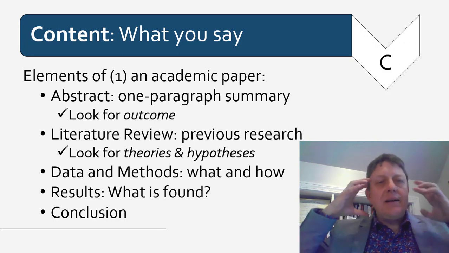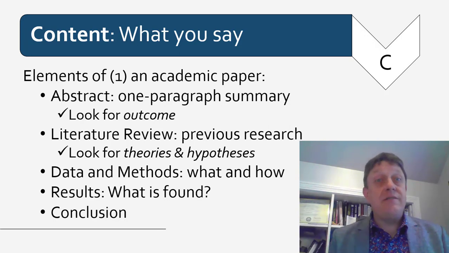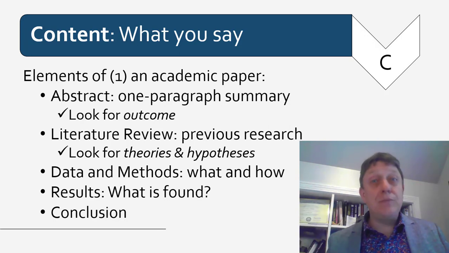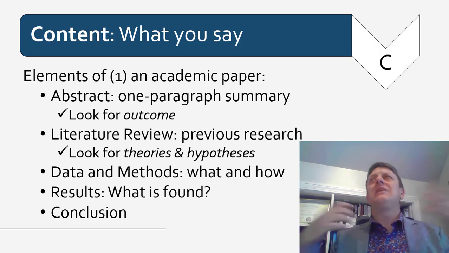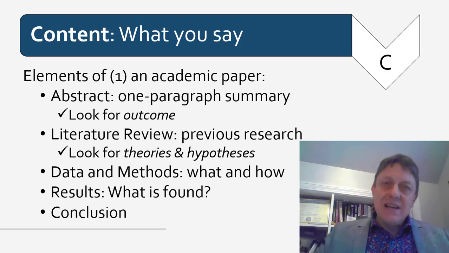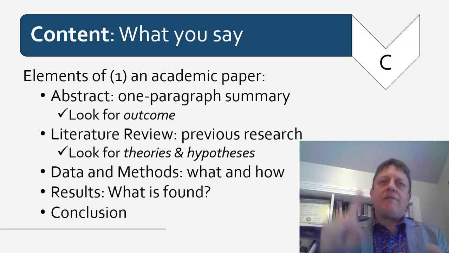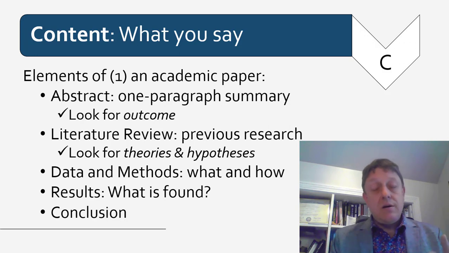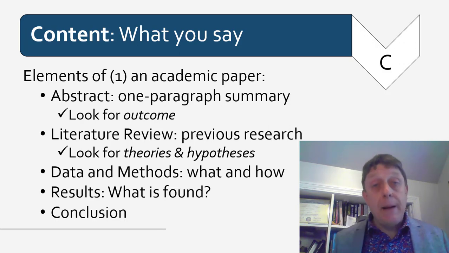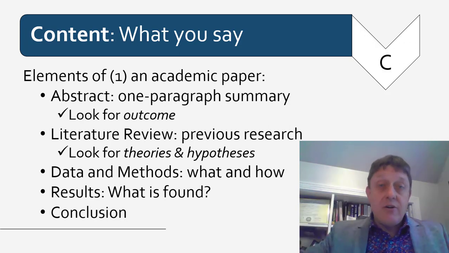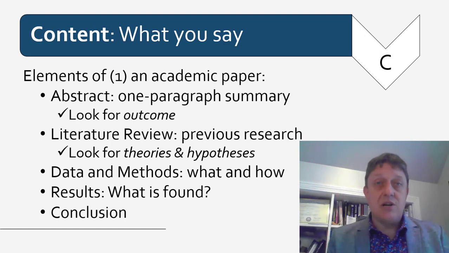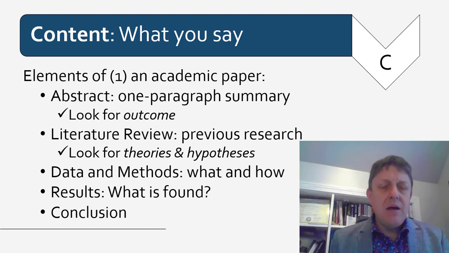So don't identify every element of the entire literature review, which could be pages of text. Certainly don't read the paper, but instead find those theories, find patterns of theories, and describe what the different hypotheses are that are generated from the theories, what the predictions are about what we should see.